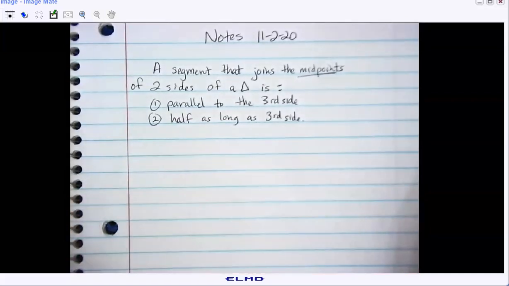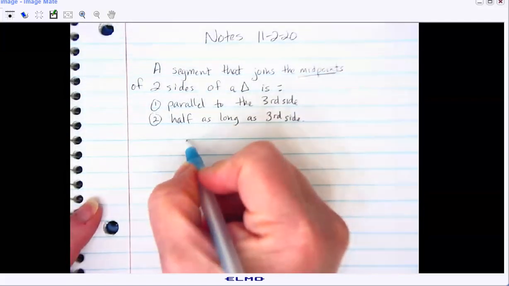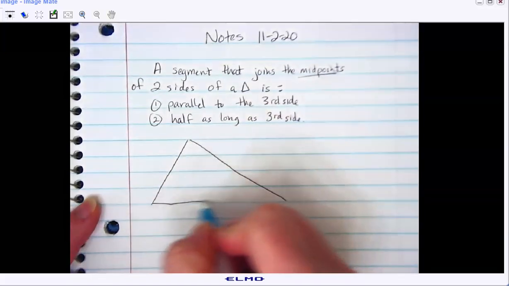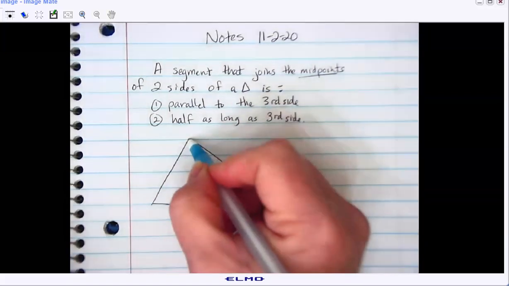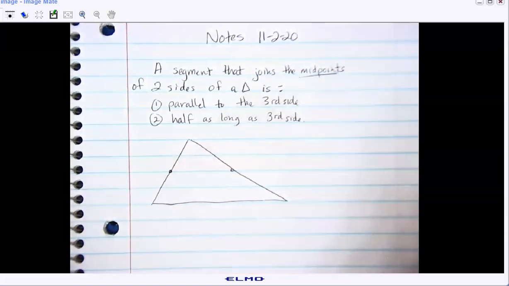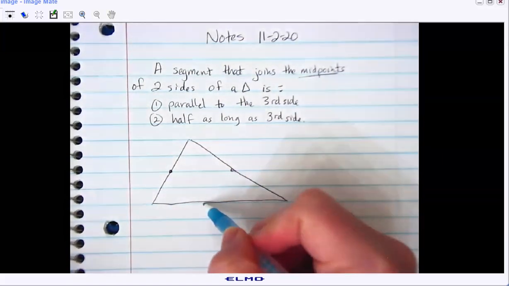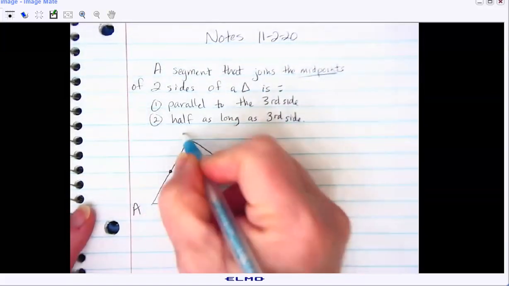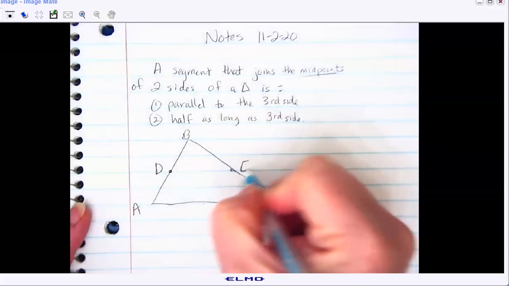Now let's put a picture to our statements. Okay, so there's a triangle. Let's pick two midpoints. So these are the two sides. It could be any two sides. It could have been this side and this side. Here, this side and that side. But let's label it A, B, C for the triangle, and D, E for the midpoint.